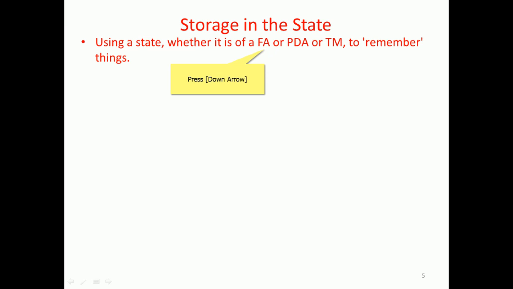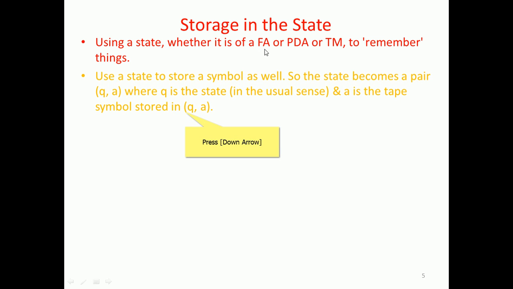Whether it is a finite automaton, pushdown automaton or Turing machine, to remember things, irrespective of this philosophy in classical theoretical computer science, a device employs a state to store a symbol as well.